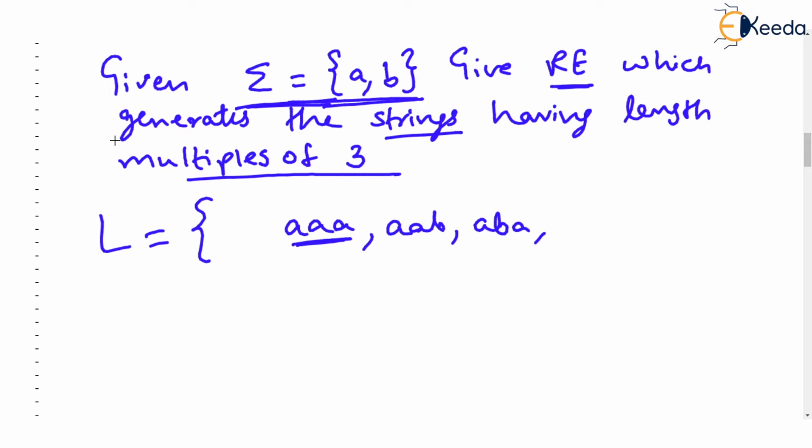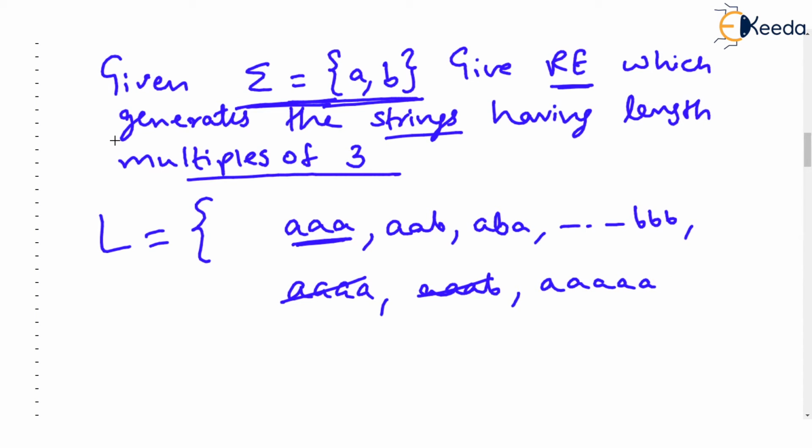Now this goes on up to BBB. Now please try to understand this string, 4 times A, or AAAB, won't be there in our language because the length of these strings is 4 and 4 is not a multiple of 3. But definitely 6 times A will be there in the language, or 5 A's followed by a B. This is also length 6.